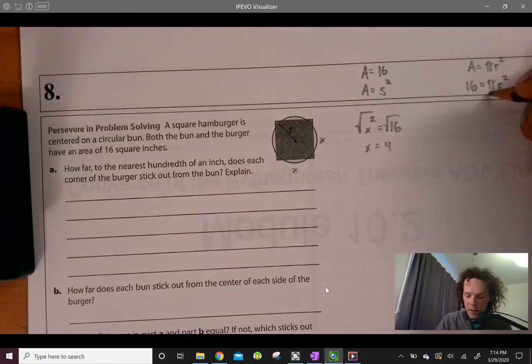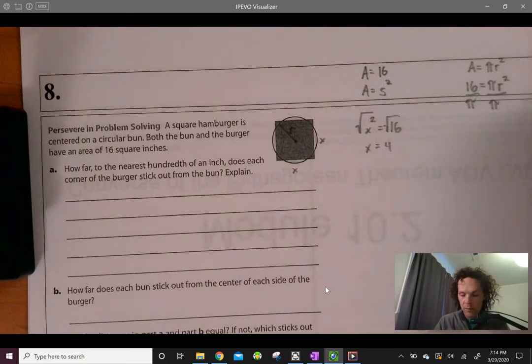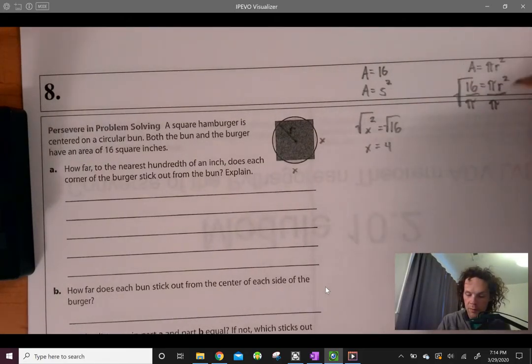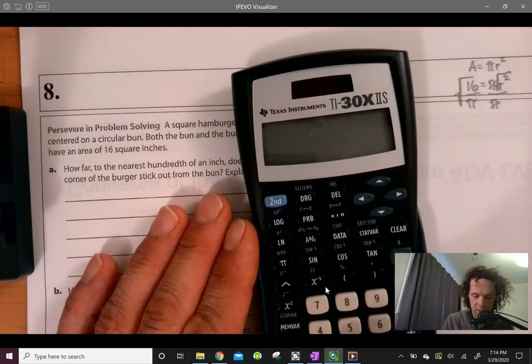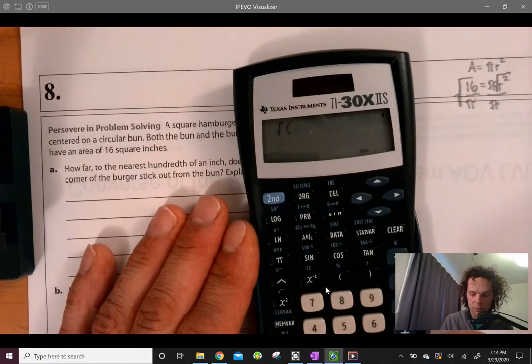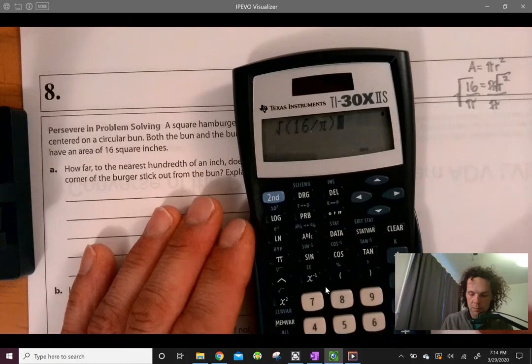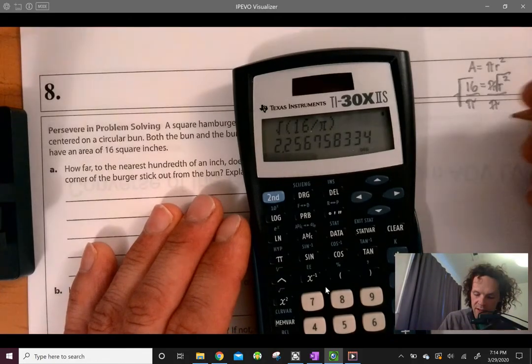So now if I divide both sides by pi, and then I take the square root of both sides, I find that the square root of 16 divided by pi equals, and that's my radius, 2.256.